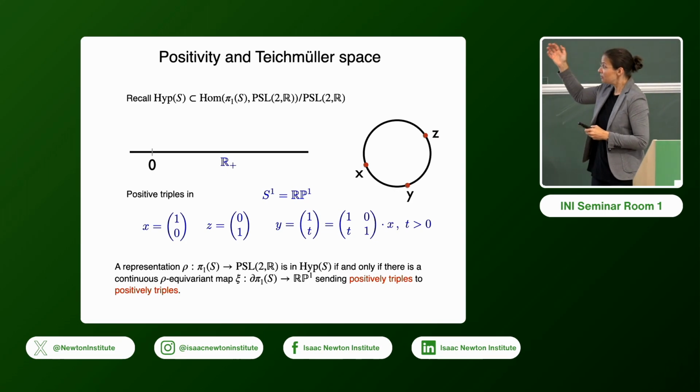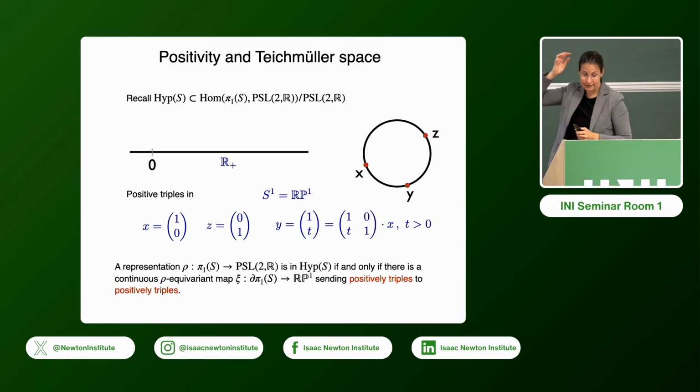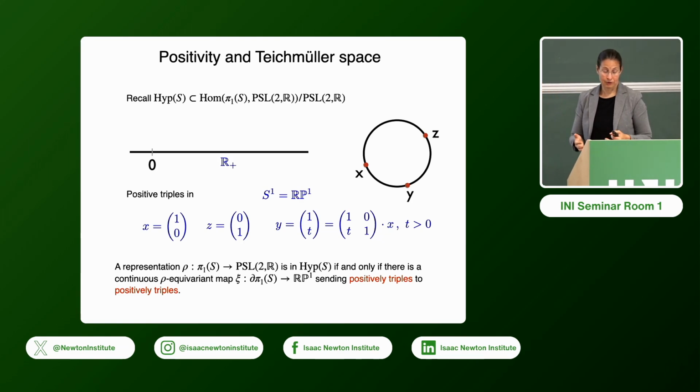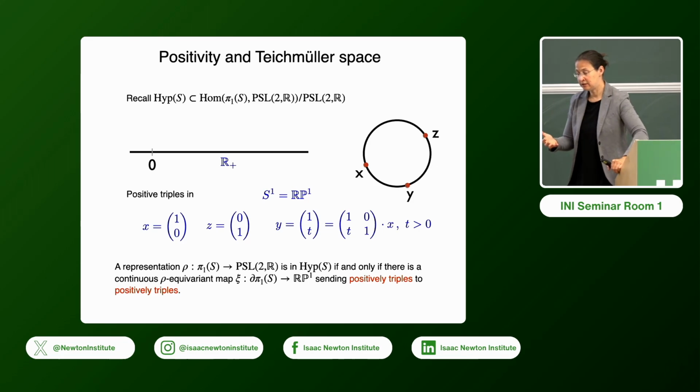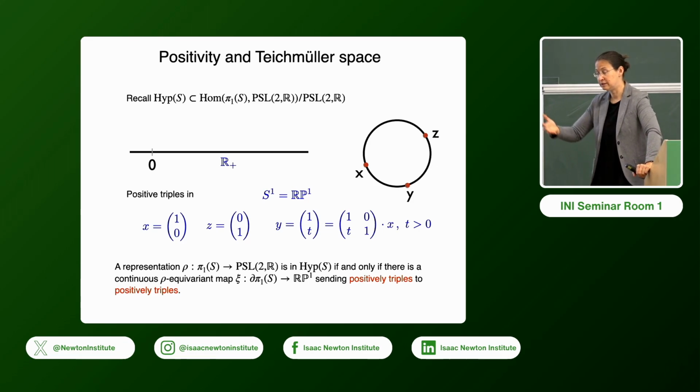And for this, I want to recall how this looks like for SL2R. So when I have a representation of the fundamental group of my surface into PSL2R, so the isometry group of the hyperbolic plane, I can characterize whether this representation comes from a hyperbolic structure by just looking at infinity.